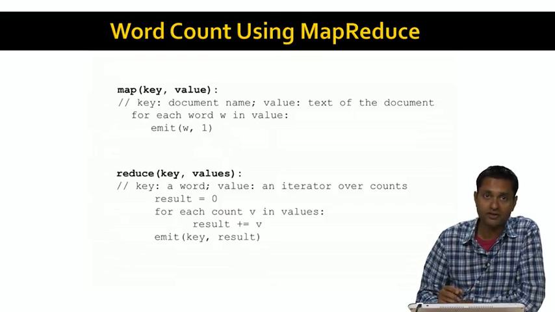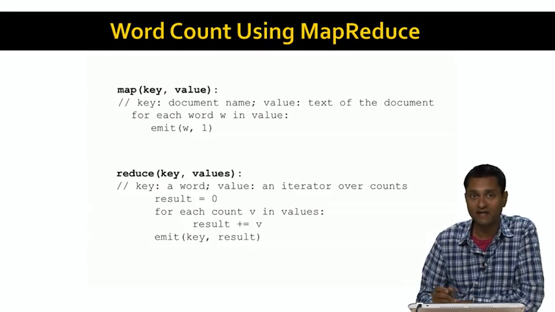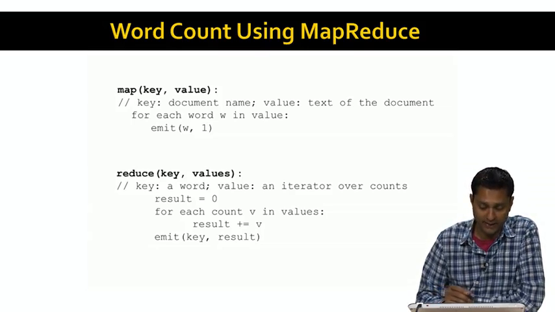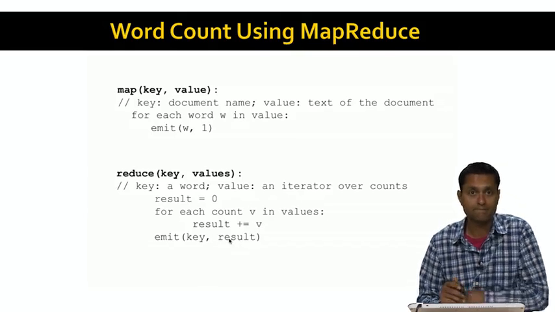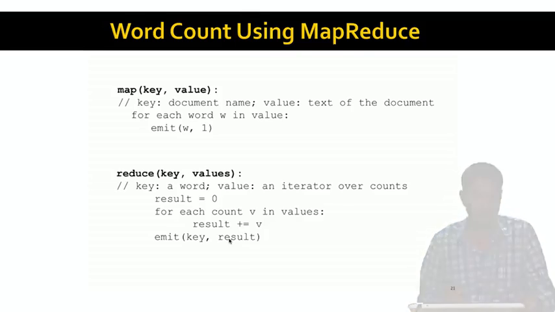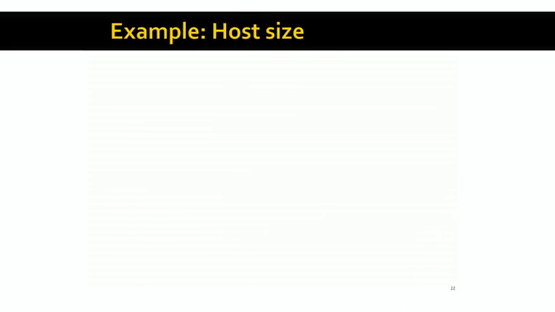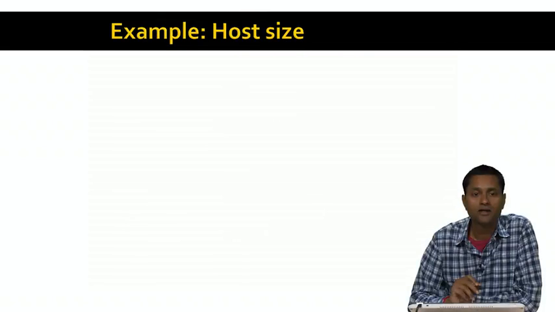The reduce function, remember, takes a key and a set of values. The set of values all correspond to the same key, and in this case, it just iterates through all the values and sums them up, and the output has the same key, and the value is the sum. That's a very simple example of word count using MapReduce.